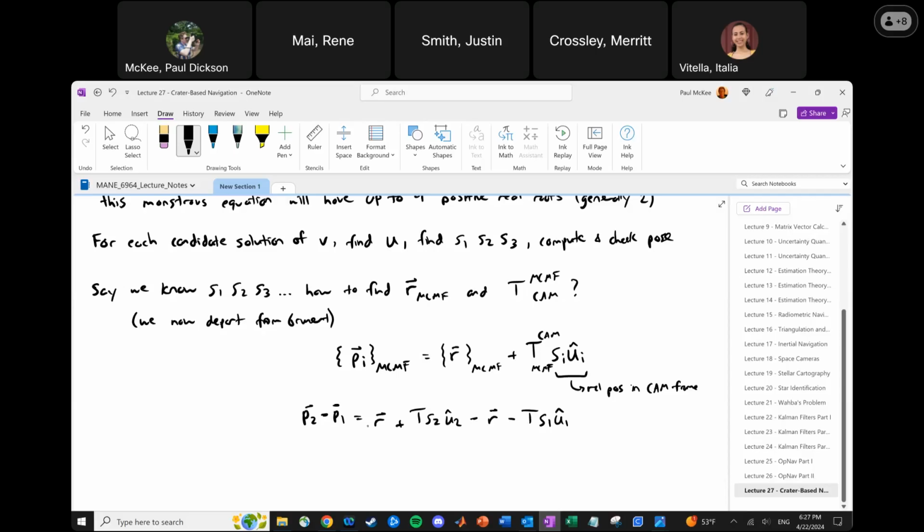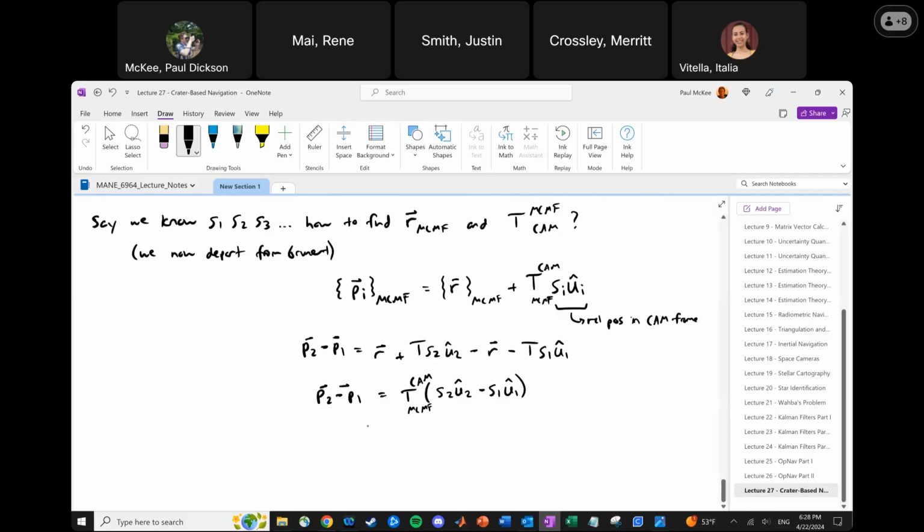And so what we get is P2 minus P1 is equal to T times S2U2 minus S1U1. Okay. And again, this is the T from the camera frame to the MCMF or the world frame. Then what we can do is normalize both sides.